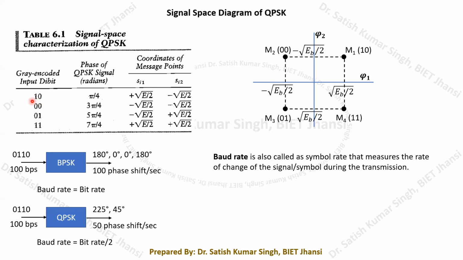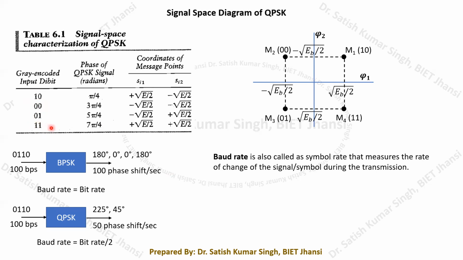Here you can see that it is 1 0 and only one bit change occurs to the next number. Similarly, from 0 0 to 0 1, only one bit is changed. Similarly, in 0 1 to 1 1, only one bit change occurs because this 0 has become 1.